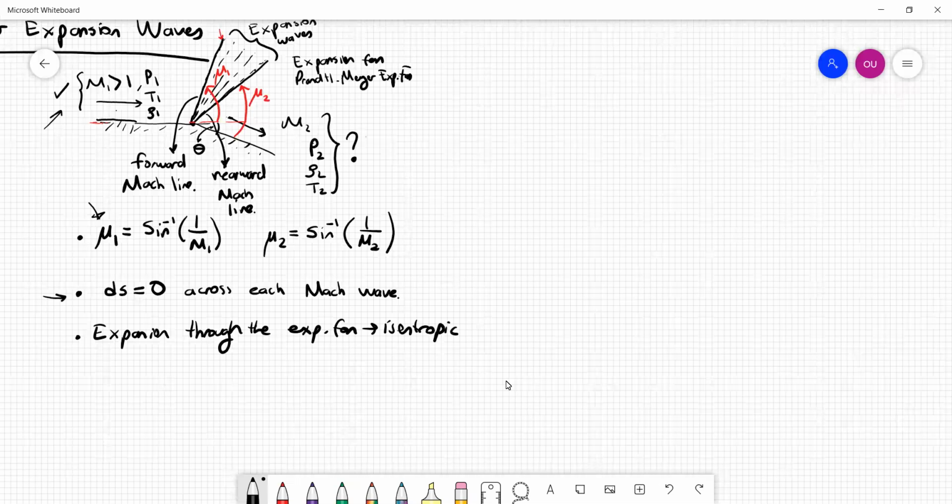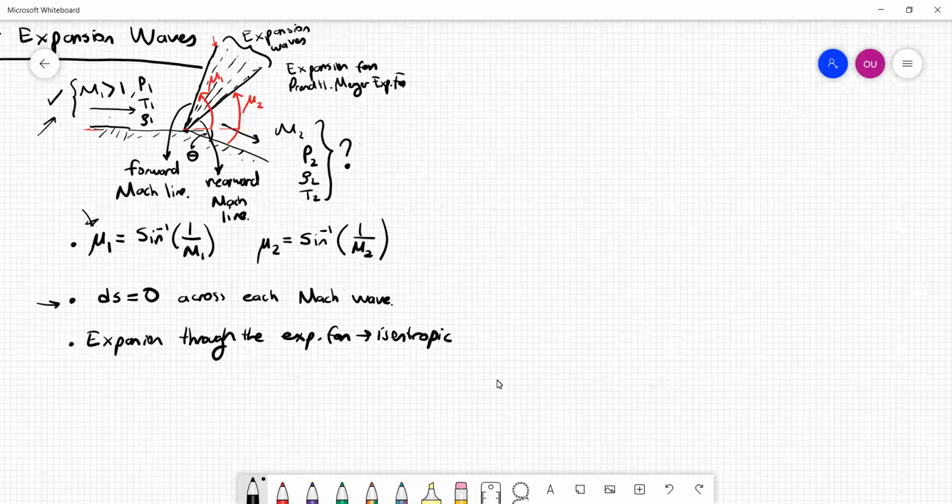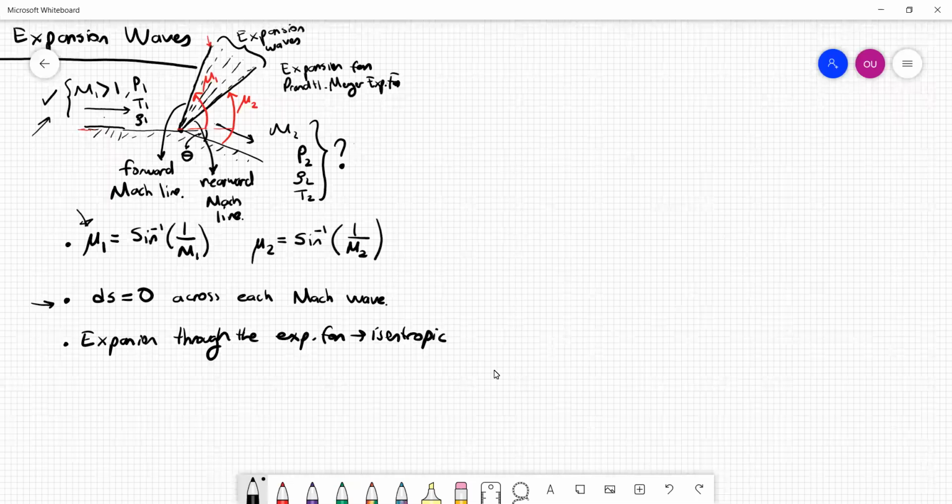By the way, where can this happen on a real geometry? Where could a gas expansion happen? Well, for example, on a geometry like that. This is maybe some kind of missile flying supersonically.